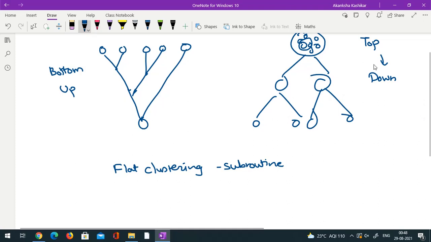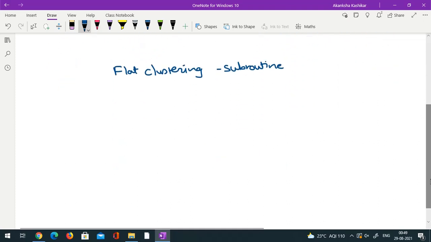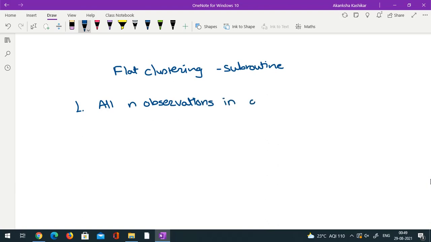Initially we have all n observations in one cluster. Now at the first step I need to create two clusters from this. So what do I do?